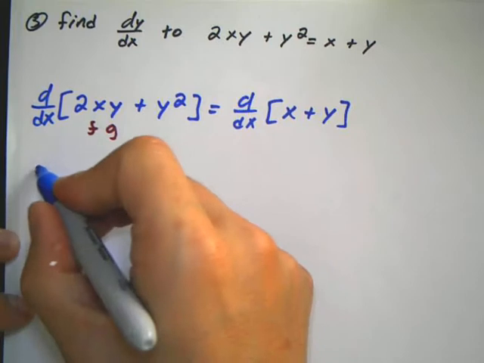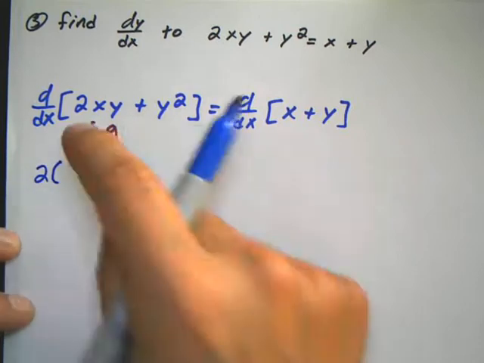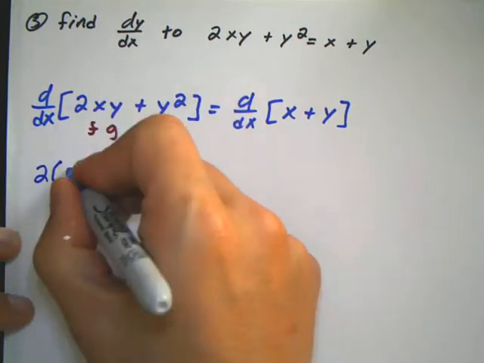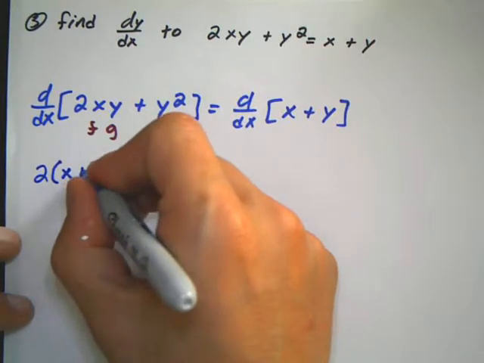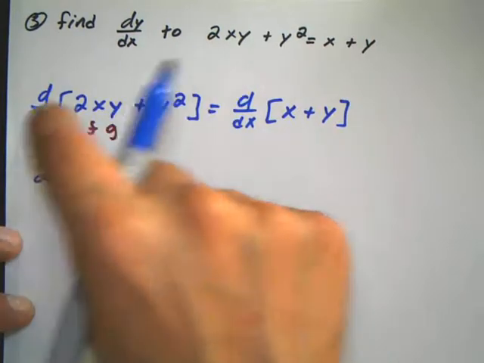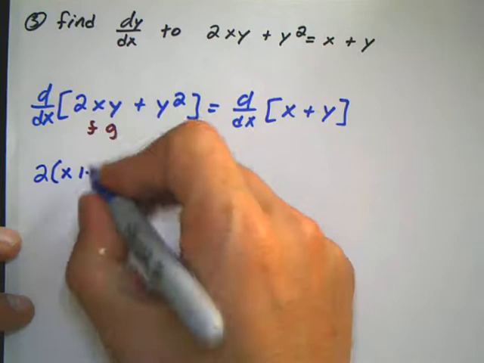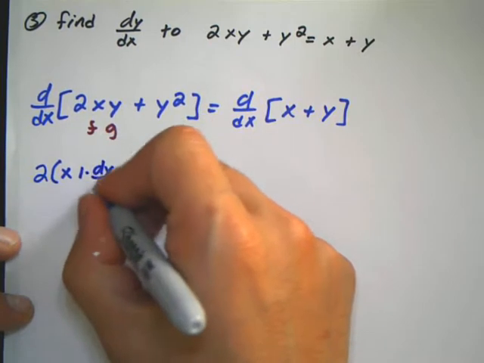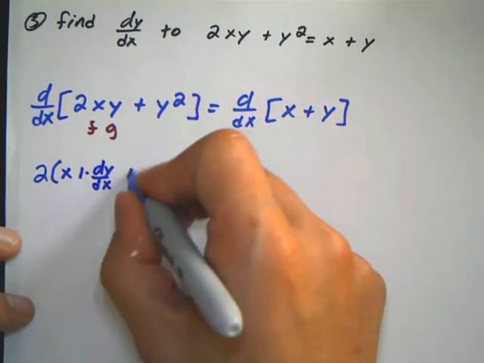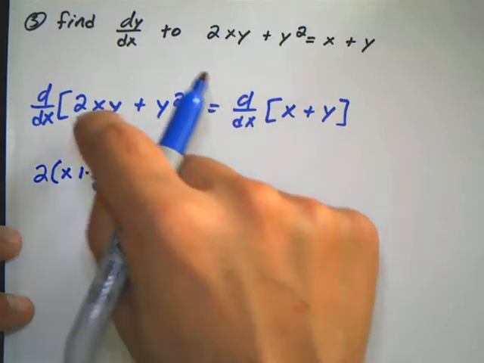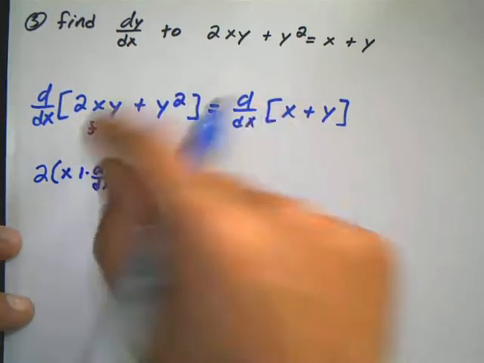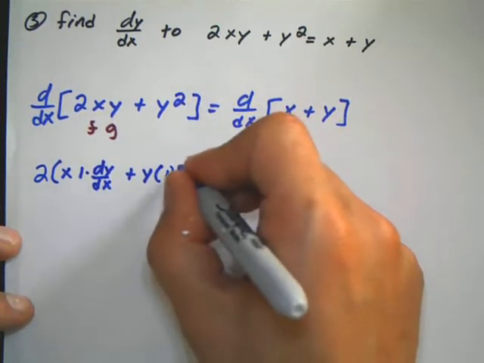So it's going to be 2. Product rule says keep x the same. The derivative of y is 1 times the derivative is a mismatch, so it's going to be a dy dx plus keep y the same, and now multiply that by the derivative of x, which is equal to 1.